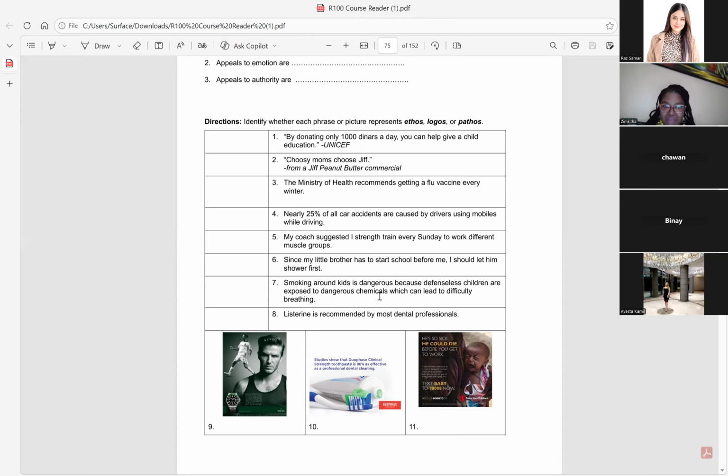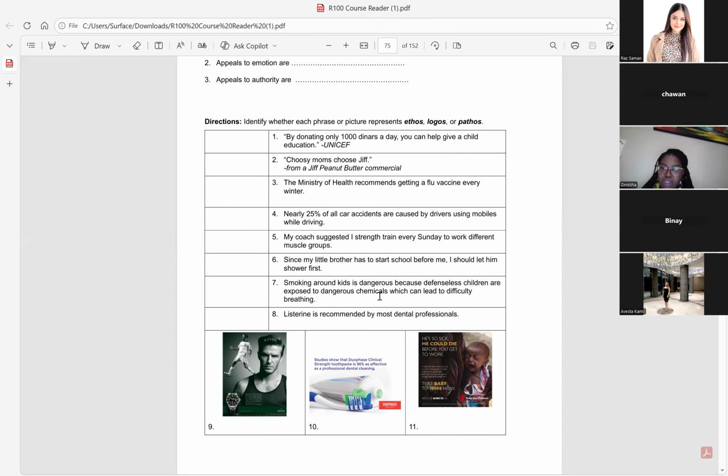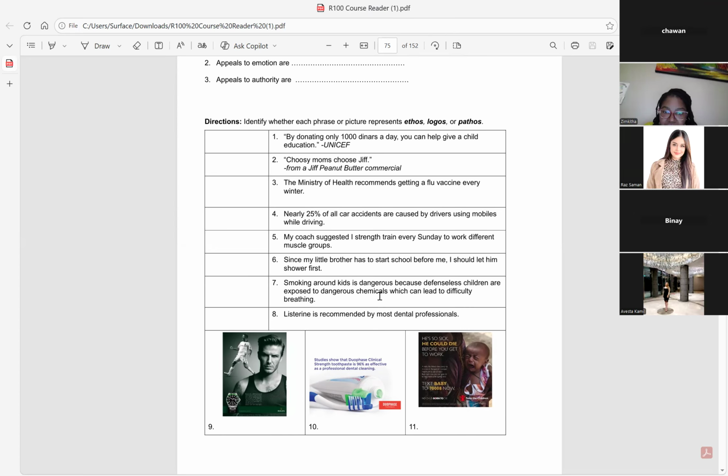Do you all agree that it's pathos? I think it's logos because it talks about a fact. Yes, smoking around a kid is something like a fact. So I think it's logos. You think it's logos? Okay.